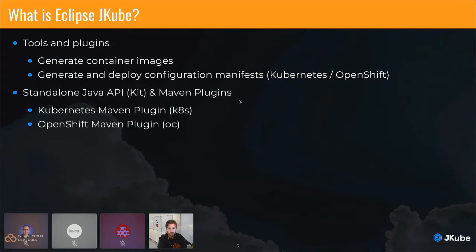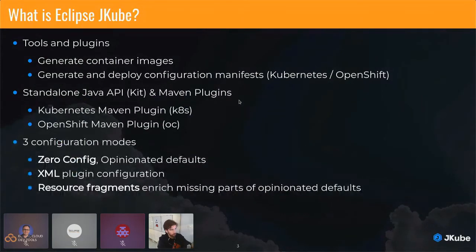It will actually use S2I to build the images, and then it will create OpenShift specific cluster configuration manifests, such as deployment configs or routes, etc. I'm going to walk you through this very quickly, but we will see it later on in depth.